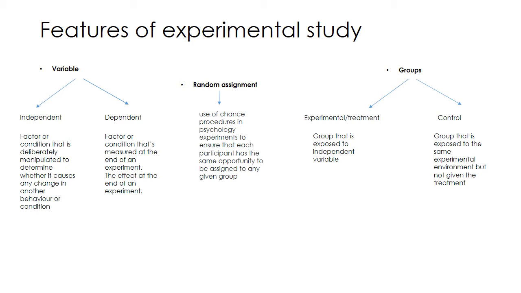And the dependent variable is the outcome. So we manipulate the one independent variable, and then we see how this independent variable affects the outcome variable. So this outcome variable is what we call the dependent variable.